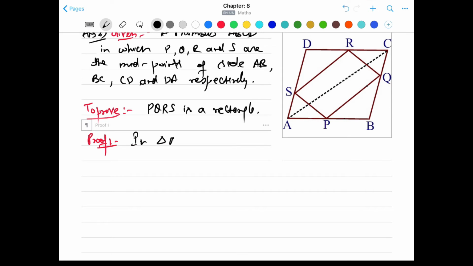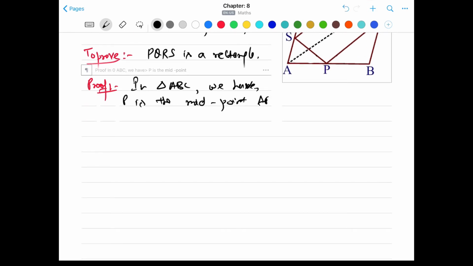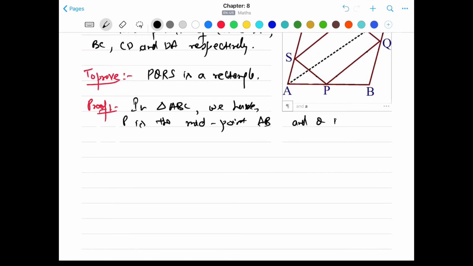In triangle ABC we have P is the midpoint of AB and Q is the midpoint of BC.